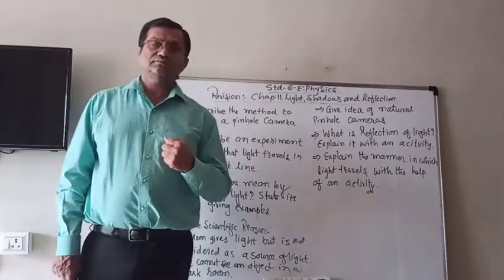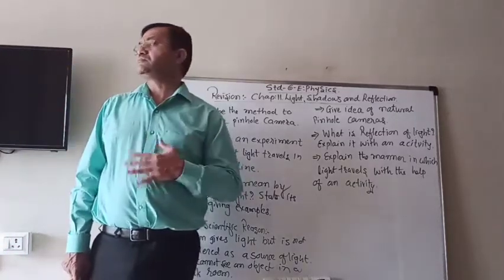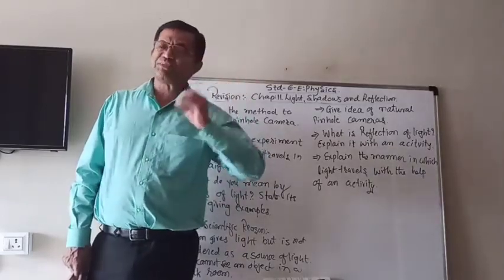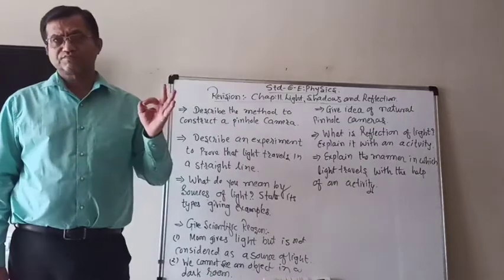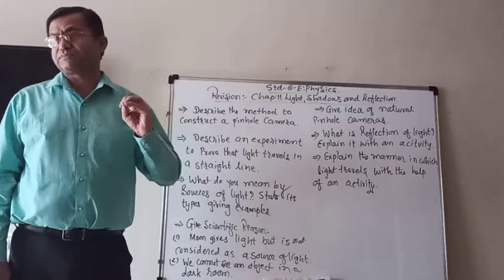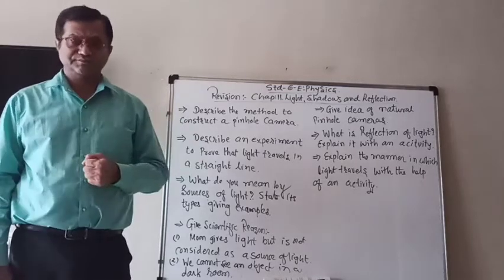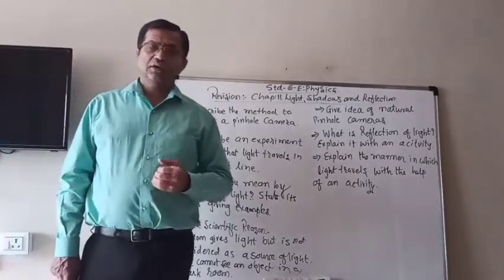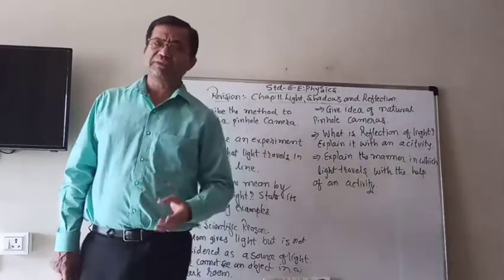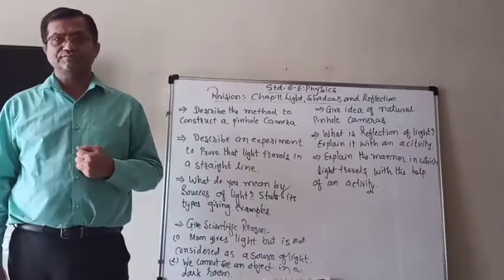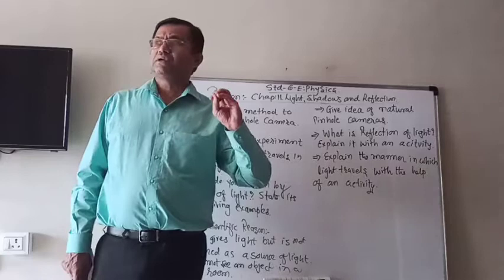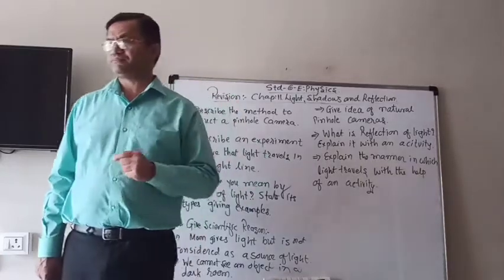We know that when light is traveling, if any opaque object comes in its path, then behind that object some part will be dark, because the light cannot travel to that part.